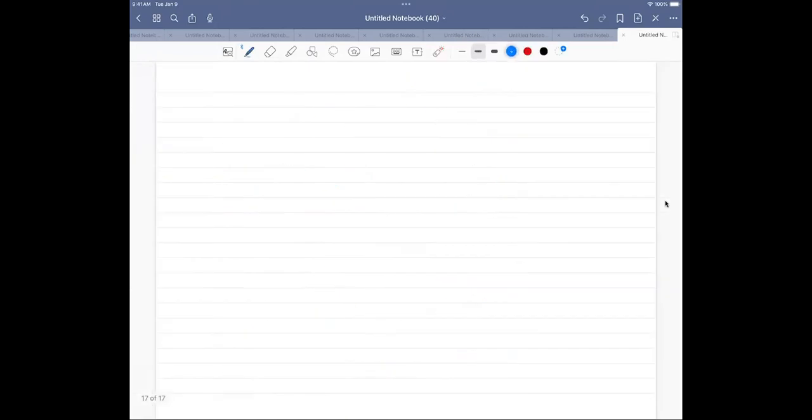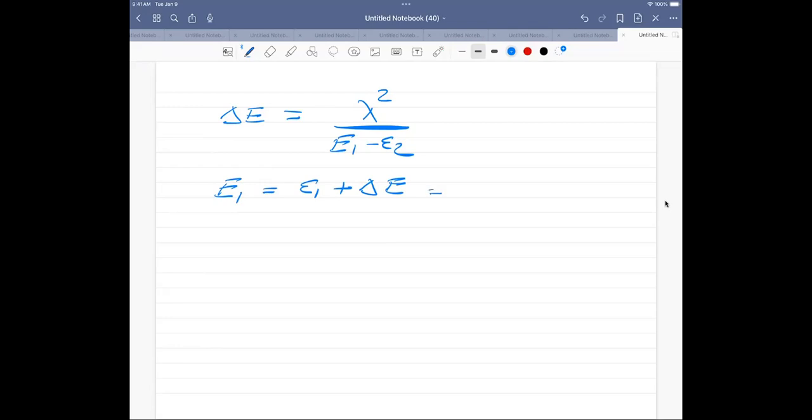So that means that delta E here is going to be equal simply to lambda squared over E1 minus epsilon 2. So the total energy, when I add up, I know that the total energy E1 is epsilon 1 plus delta E. This is the way we have defined it, the unperturbed energy plus the correlation energy. And that is the same as epsilon 1 plus lambda squared over E1 minus epsilon 2.